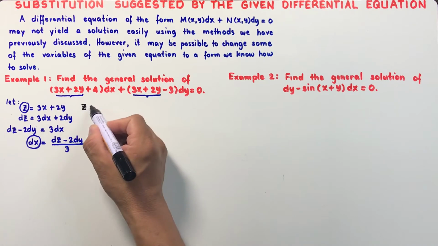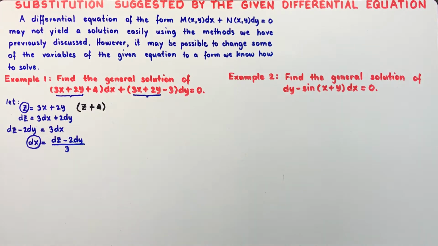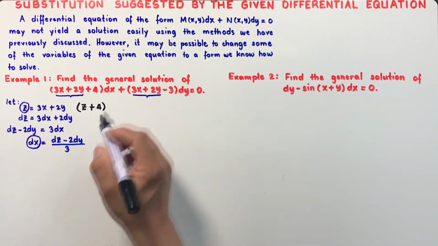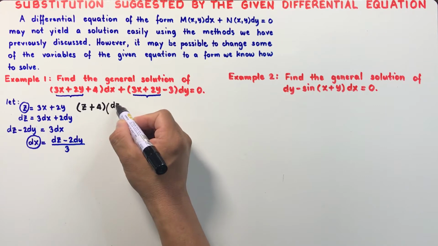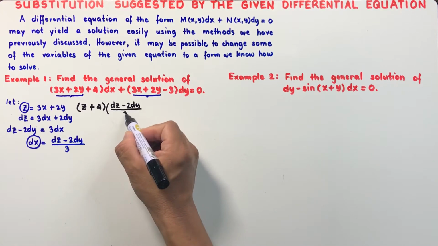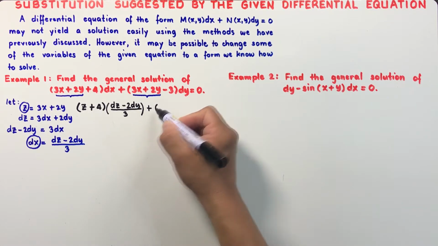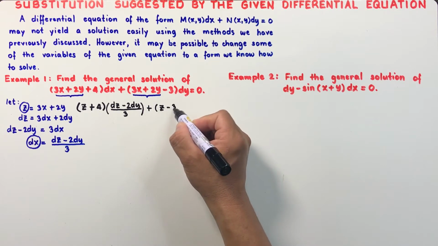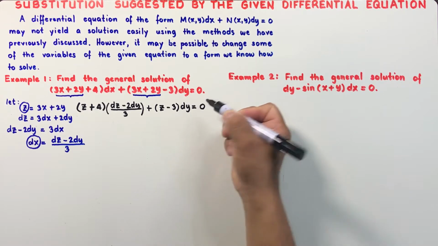So this is z plus 4, because we have a 4 here, times dx, and instead of writing dx there, you will write (dz minus 2 dy) over 3, and this is added to, again, 3x plus 2y, which is z, minus 3 times dy, which is equal to 0.